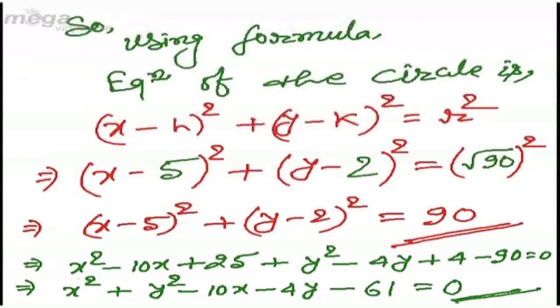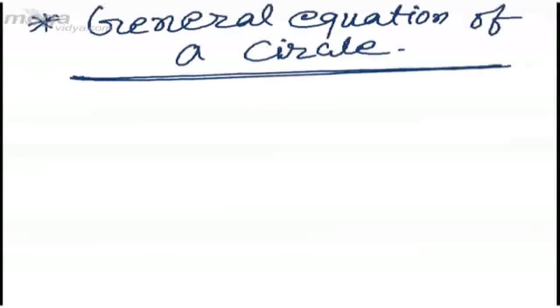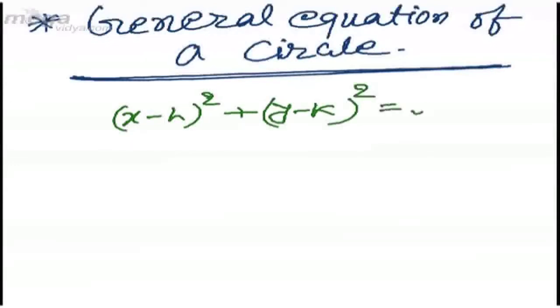And the general equation of a circle is, see student, we did (x minus h) whole square plus (y minus k) whole square is equal to r square as a standard form of an equation of a circle when the center is (h, k) and radius is r.